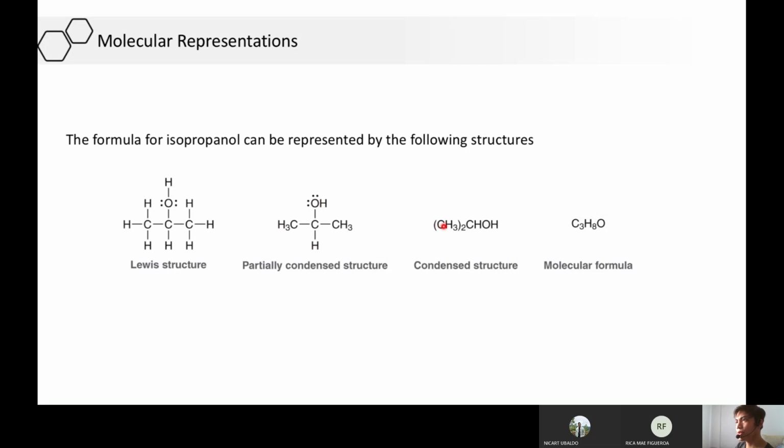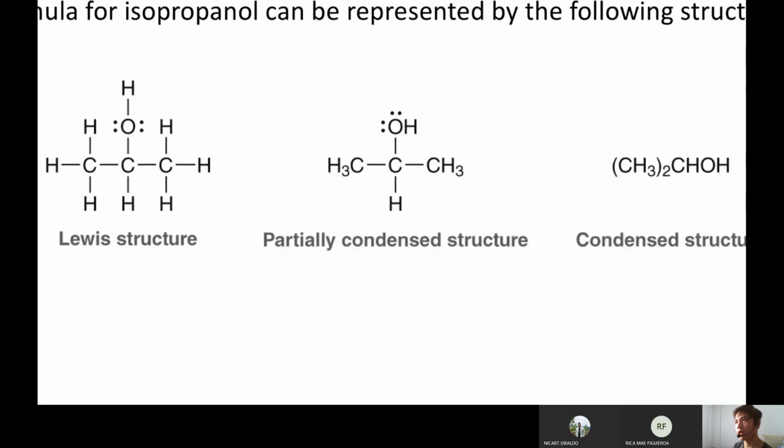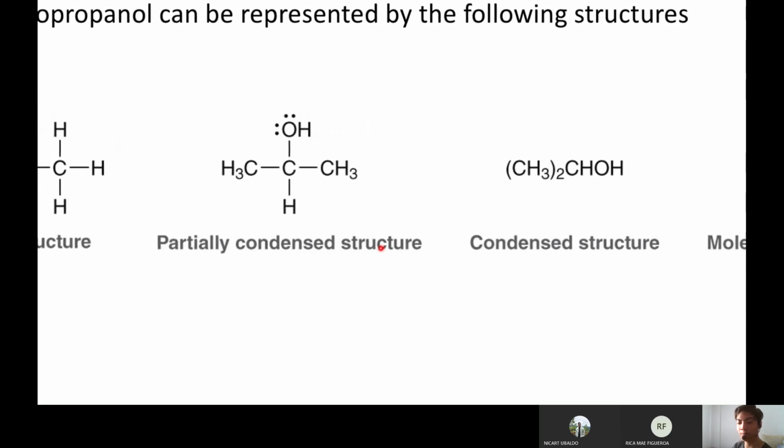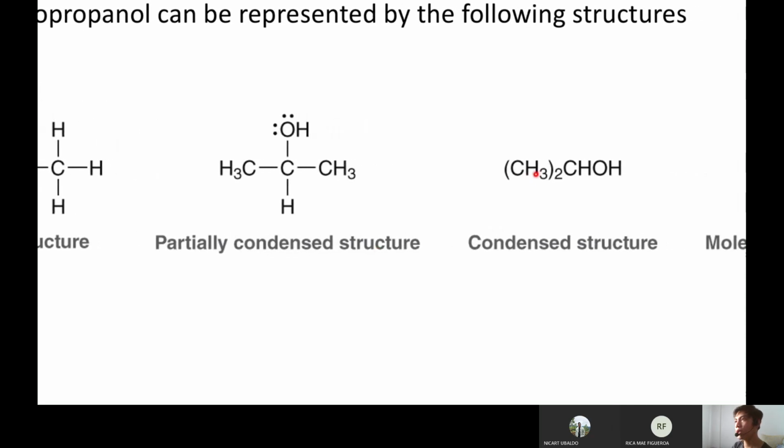For condensed structures, what we have here is that it gives us an idea that in this molecule, we have two of this part. We have two CH3 and they are connected to the next atom in this grouping symbol.